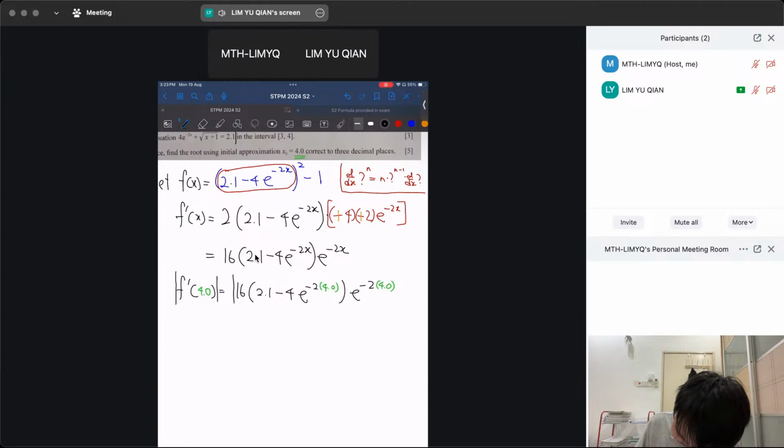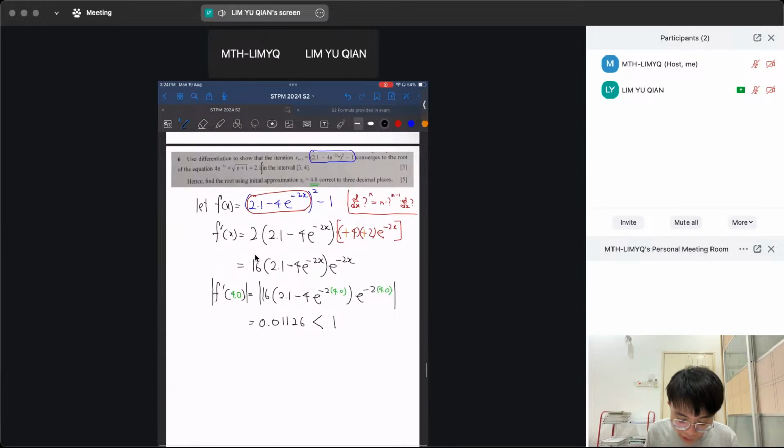Okay, use calculator. 4 times e negative 8 times e negative 8 times 16. Okay, 0.01126, which is less than 1, modulus value. Okay, so from here you can tell this iteration converges.